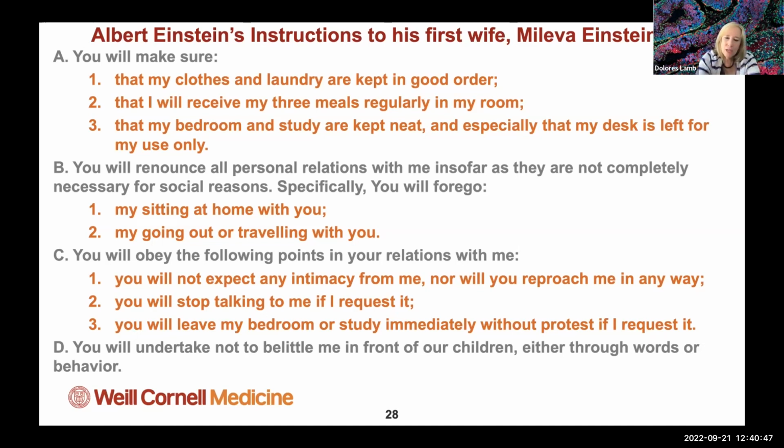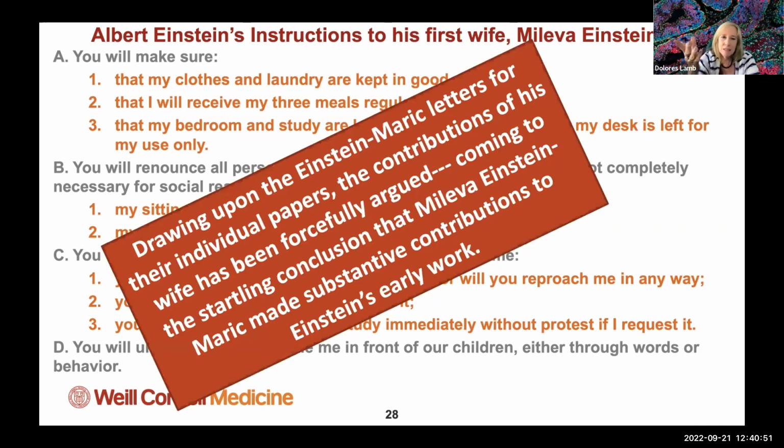And it's shocking to discover, this was wife number one, and her last name was Einstein-Marek, that in the papers that were found, she also was a physicist and very superb at what she did. And it's been argued that she was a lot of the brains behind some of Einstein's discoveries, right?